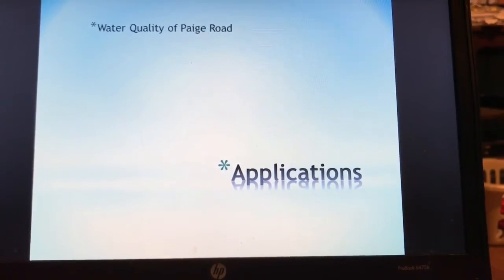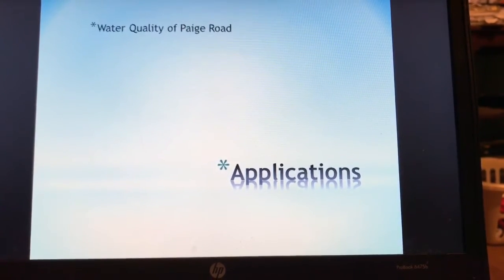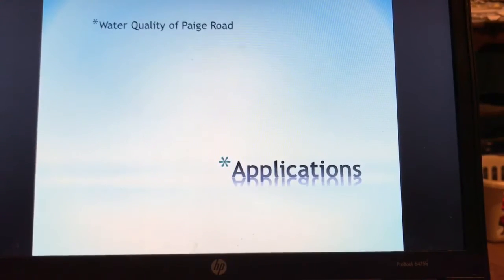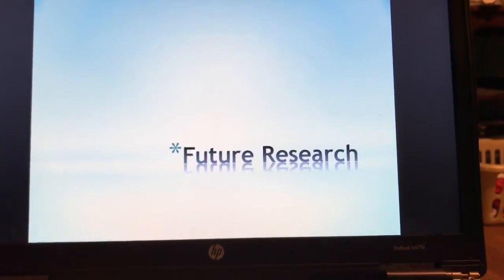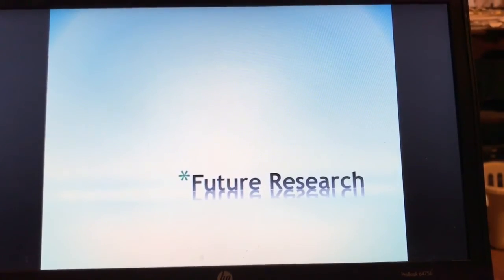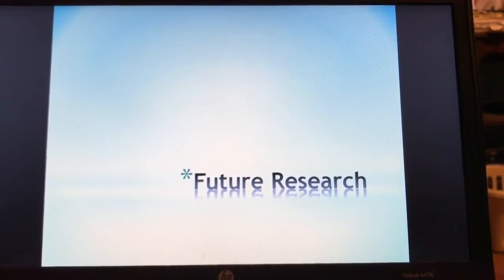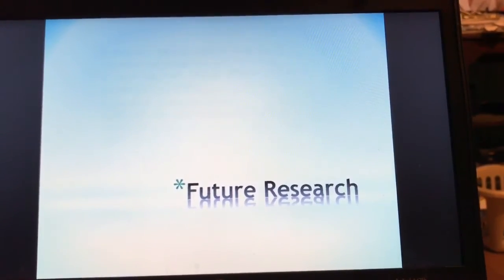I will be able to tell the water quality of the stream on Page Road, which clearly I do not know right now. I will also be able to tell some future research, but that's not there yet.